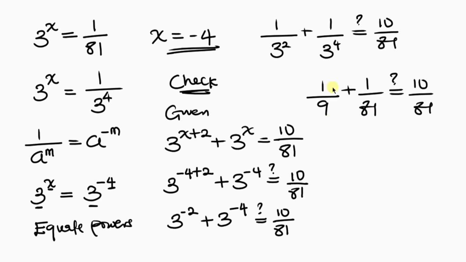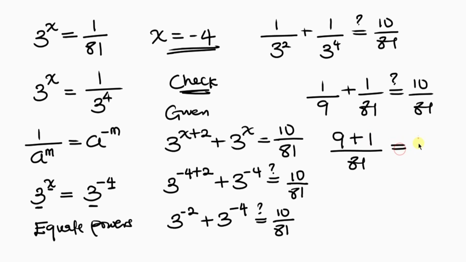Now we have a fraction on the left hand side. Now we take the LCM. So the LCM of 9 and 81 is 81. Now 81 divided by 9 is 9. 9 times 1 is 9. Plus 81 divided by 81 is 1. 1 times 1 is 1.